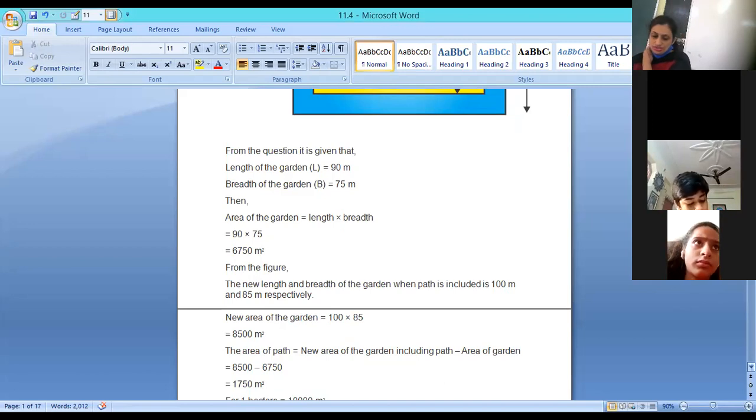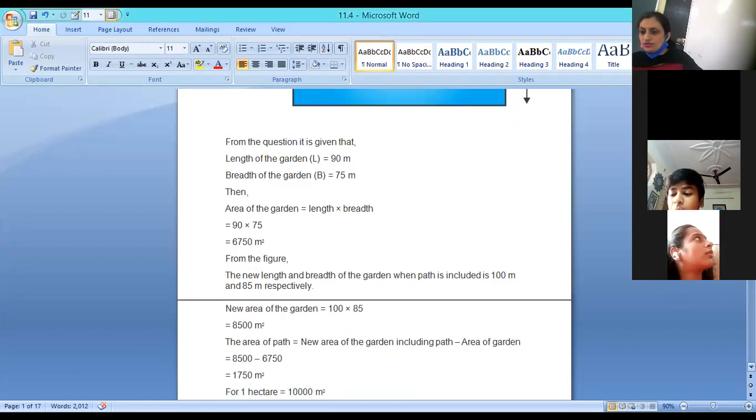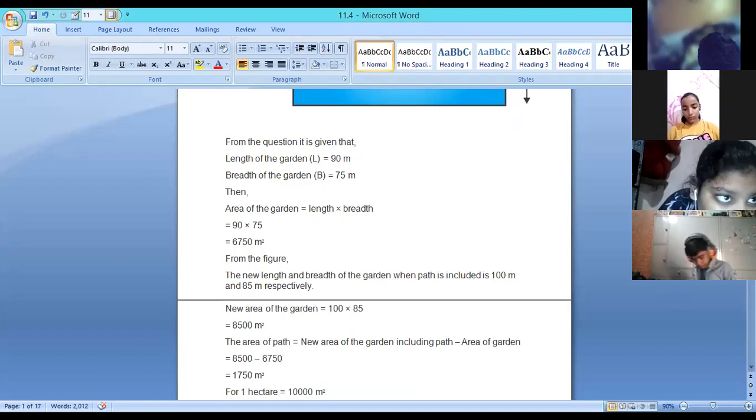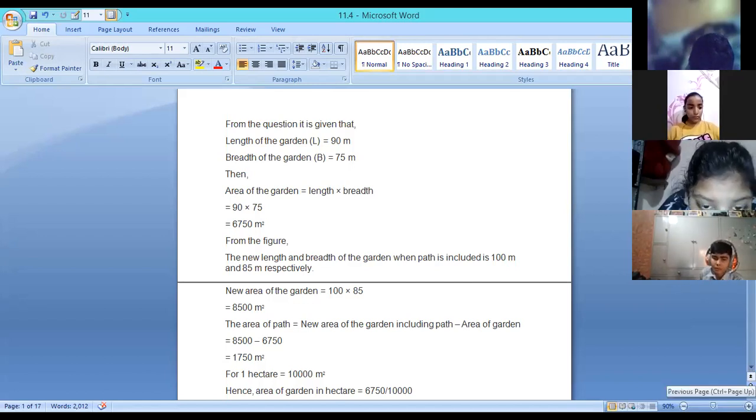Now in this question they are asking for the area of the garden in hectares. You have already taken out the area of the garden, which is 6750 meter square. Now in 1 hectare, how many meters? 1 hectare is equal to 10,000 meter square. So when we take out the area of the garden in hectares, 6750 will be divided by 10,000.